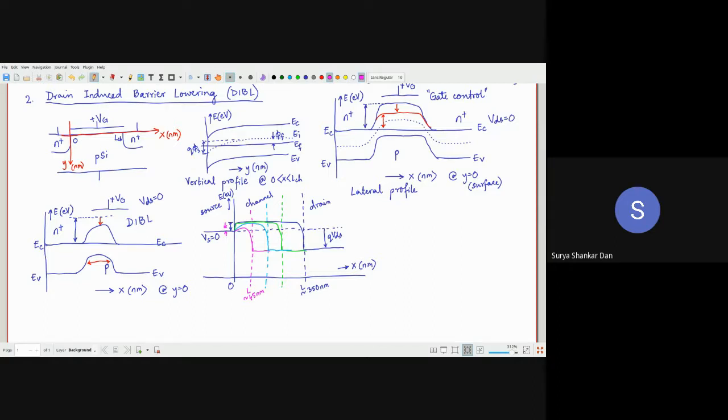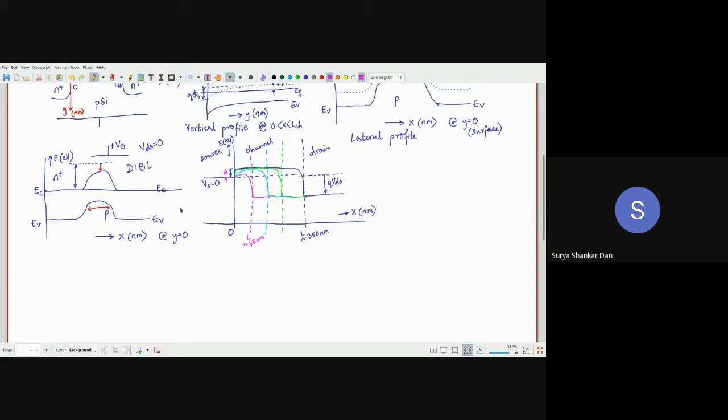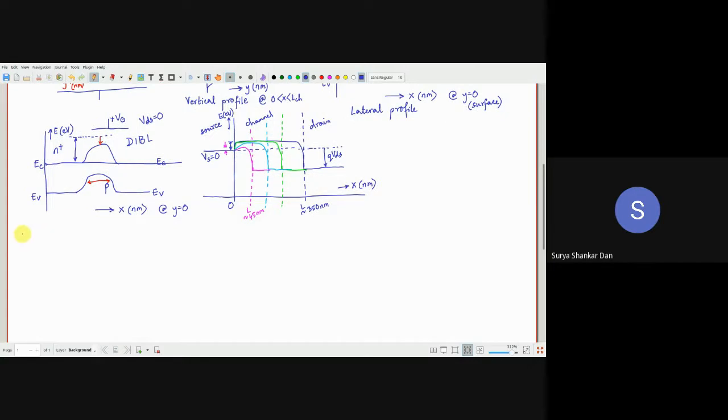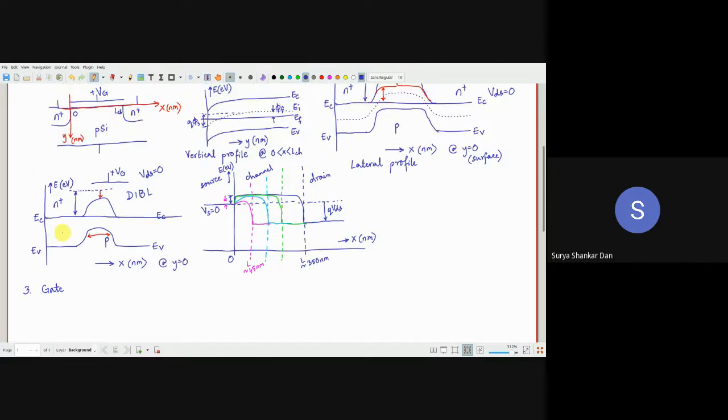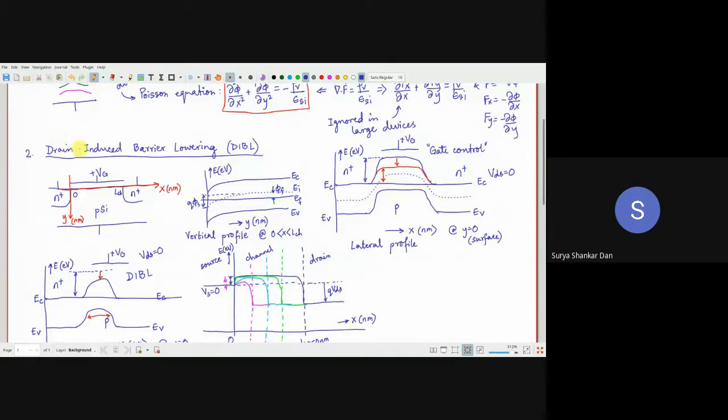Now I will come to another very much related thing. This is called GIDL. This is the third short channel effect: gate induced drain leakage. This is drain induced barrier lowering.